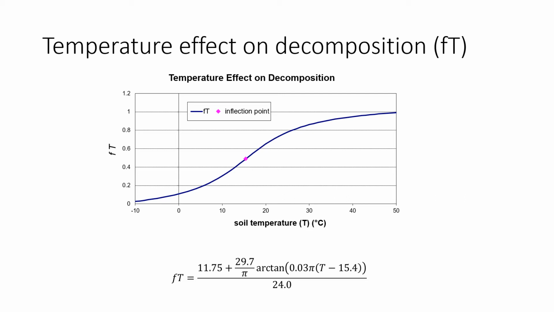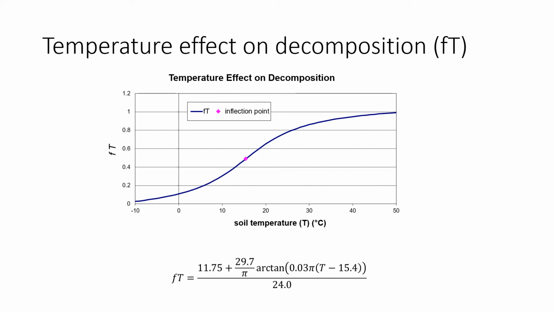So you see this function starts off nearly 0 at minus 10 C, gradually increases as the soil temperature gets warmer, increases at a faster rate between 10 and 30 degrees C than it did when it was less than 10 degrees C, and then slows down again.